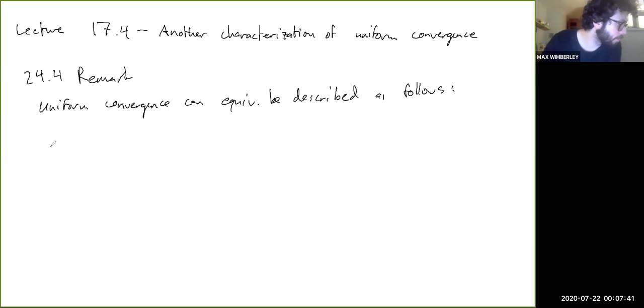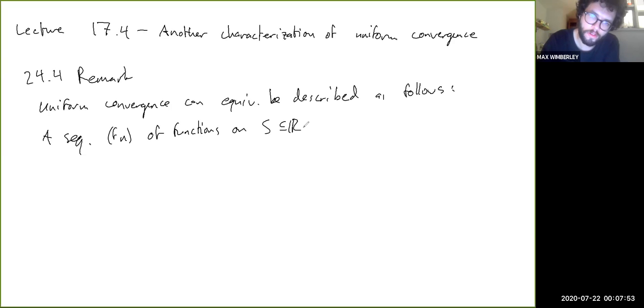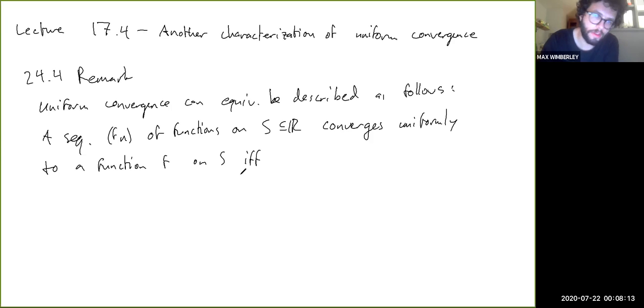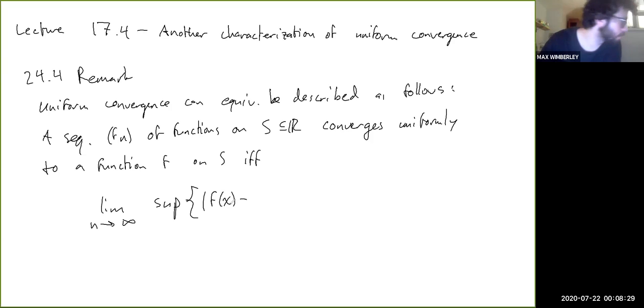A sequence Fn of functions on S converges uniformly to a function f on S if and only if the limit as n approaches infinity of the supremum of |f(x) - fn(x)| across all x in S is 0.